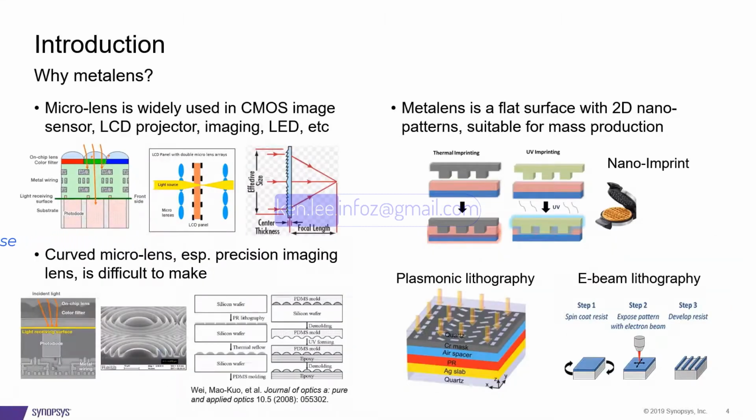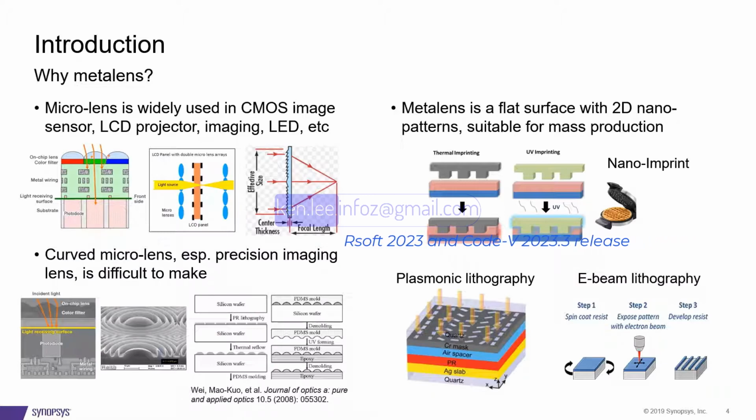Another question we can ask is, why are Metalens necessary, or what problem do they solve? Well, we may or may not realize that microlenses are widely used. They are basically everywhere, from image sensors to LCD projectors.